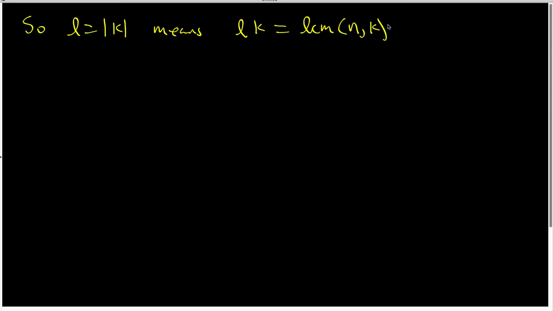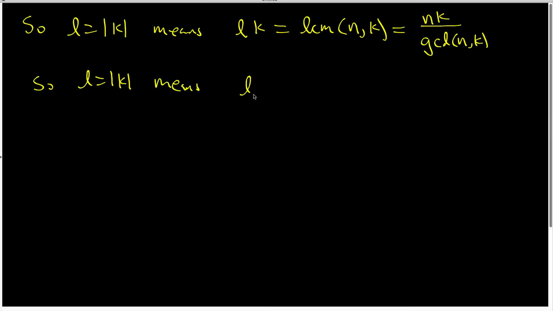And as we saw in the previous video, the least common multiple of n and k is n times k divided by the GCD of n and k. So what we now have is that L is equal to the order of k means that L times k is equal to nk over GCD of n and k.